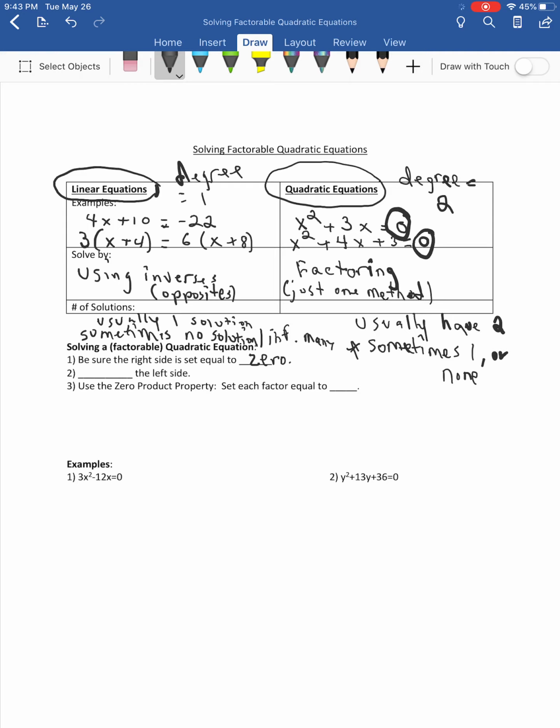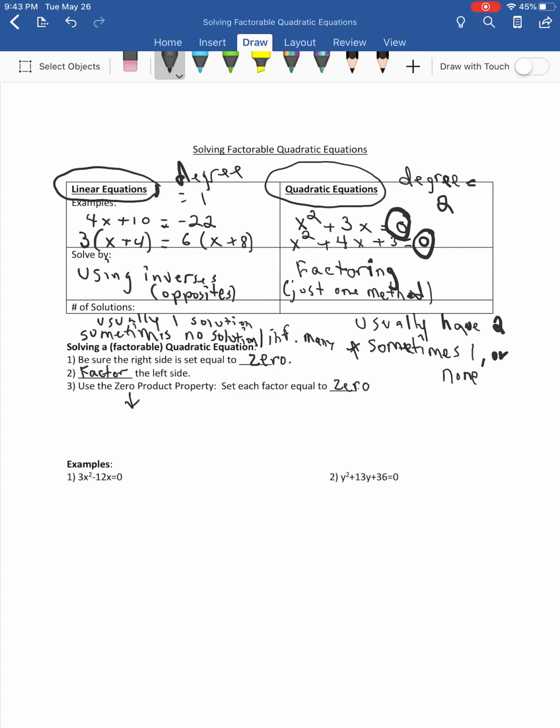In goal 7, we'll see ones that are not set equal to 0, where we'll have to just quickly change something. Okay, step 2, we want to factor the left side. Okay, we said we solve quadratic equations by factoring. And step 3, use the zero product property. Set each factor equal to 0.